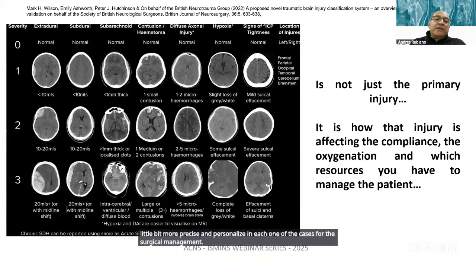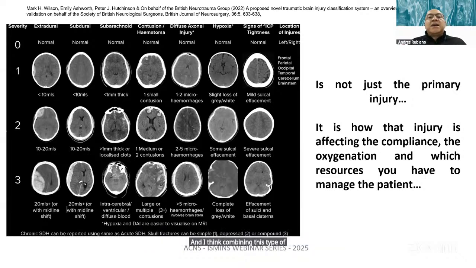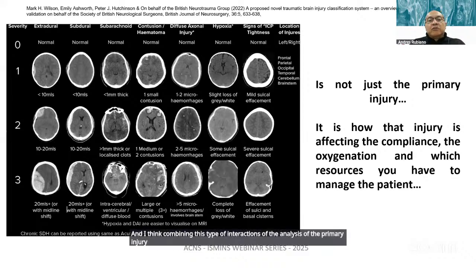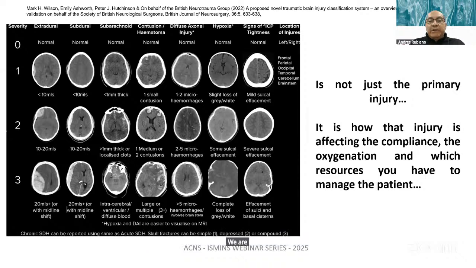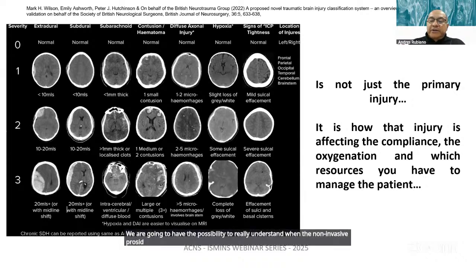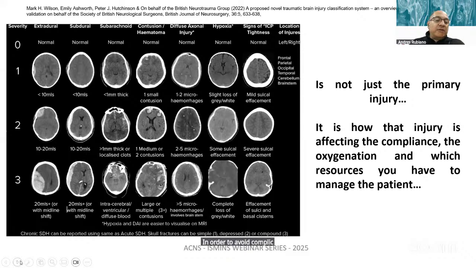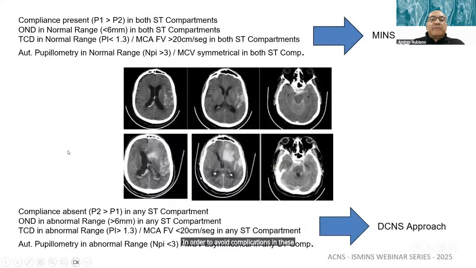And I think combining this analysis of the primary injury with all this concept of the non-invasive systems and also the intracranial compartment evaluation, we are going to have the possibility to really understand when the non-invasive procedures will work better in order to avoid complications in these patients that regularly have severe cases.